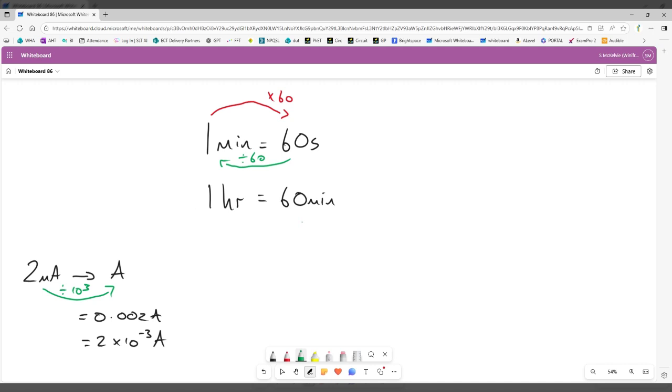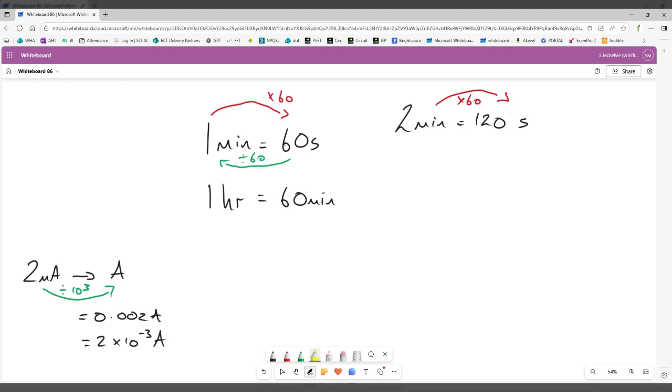And the same for hours and minutes. So if you're requested to turn 2 minutes into seconds, look at the conversion that we know. How do I turn the number 1 into the number 60? Multiply it by 60. Doesn't matter if this number changes because the conversion is what we're looking at. Got 120 seconds.